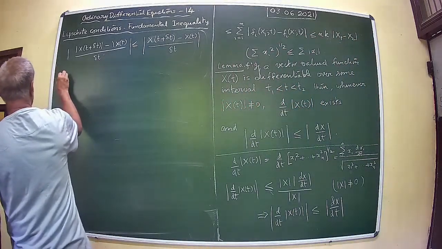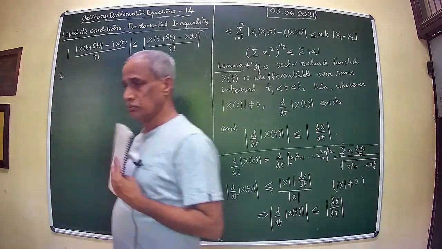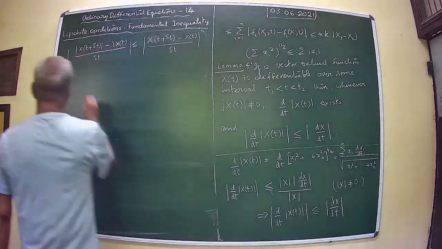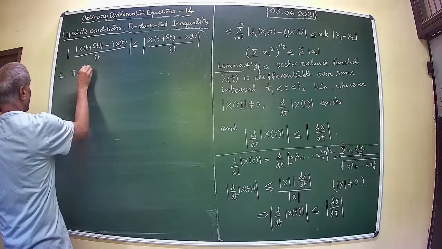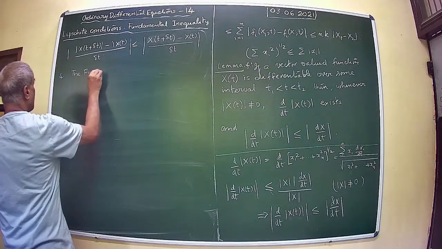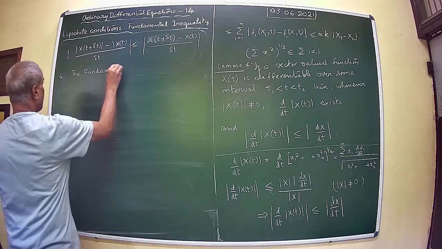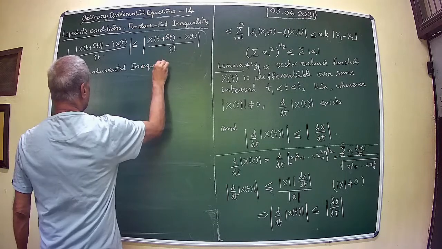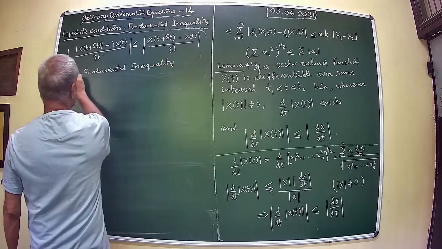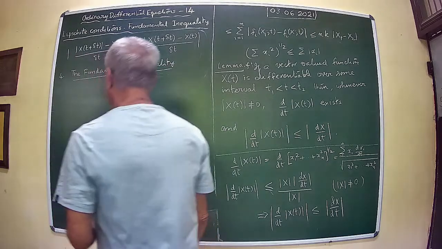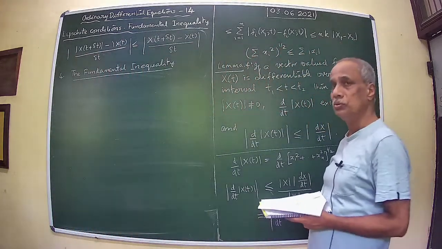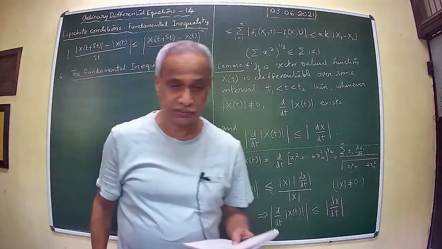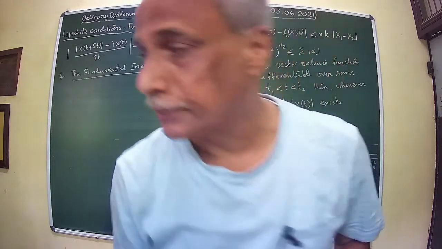So we now come to the fundamental inequality. This gives the estimate of the deviation between two solutions of the equation. Okay, so let us write down the statement of the result.